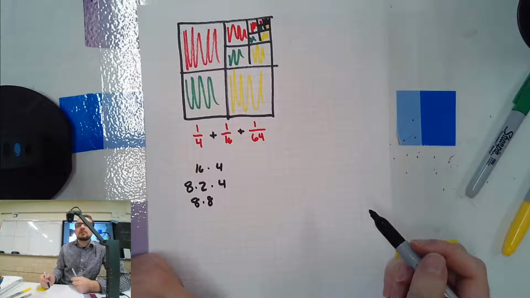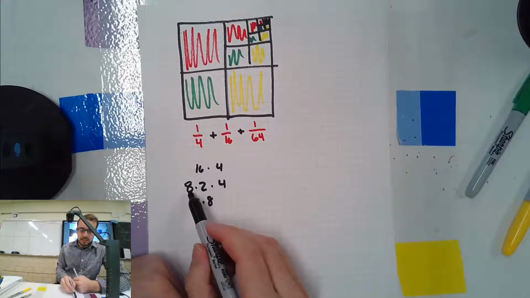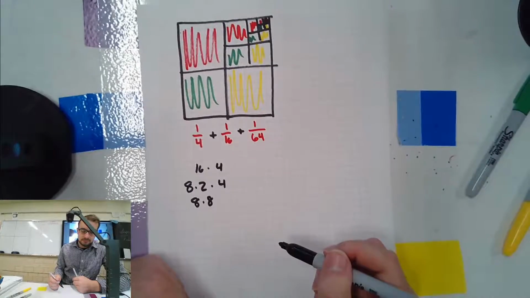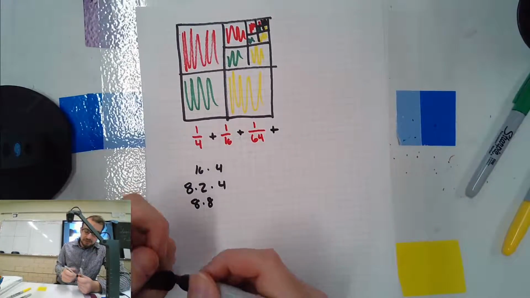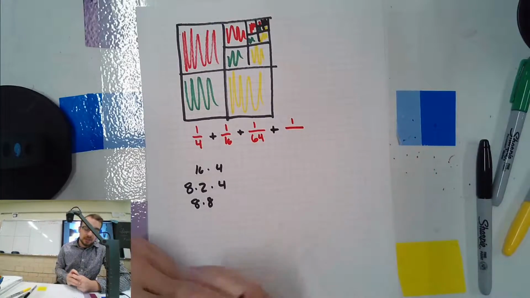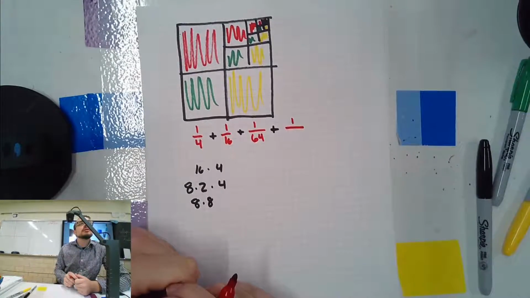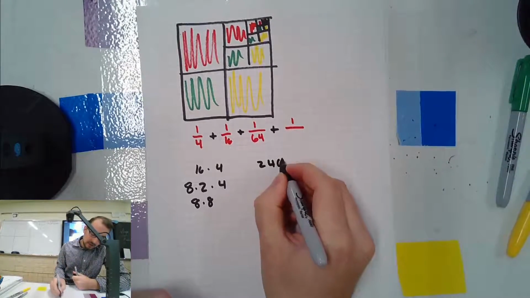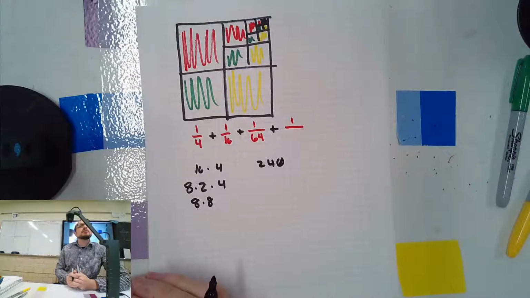Easier way to think about it: 16 times 4 is just 8 times 2 times 4, well, that's just 8 times 8. Cool. So that's a 64th. What's 64 times 4? Let's do that in our heads. What's 60 times 4? 240. So we did 60 times 4 and got 240. How many groups of 4 was I short?